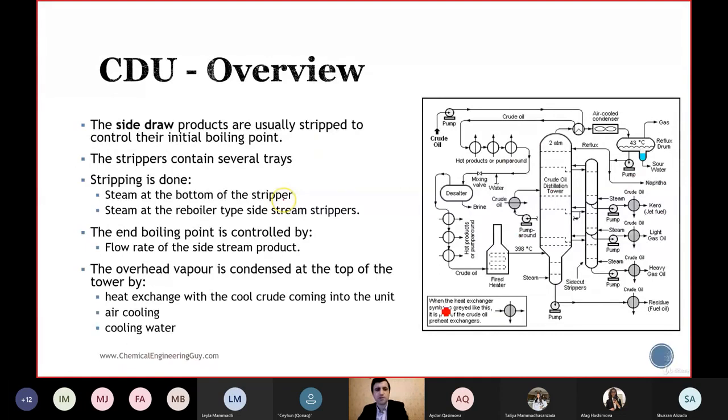We preheat the crude oil in the heat exchangers, and in these side streams, we add steam here to strip the lighter products. Let's say we have the kerosene here. What is the lighter product? It is naphtha. Where is it? Yes, naphtha. If there is naphtha left in the kerosene, we can strip it with steam. If kerosene is left in light gas oil, we strip it with steam, and so on.